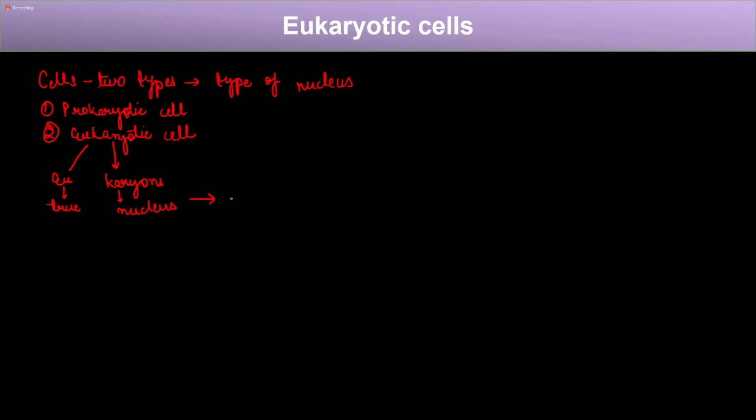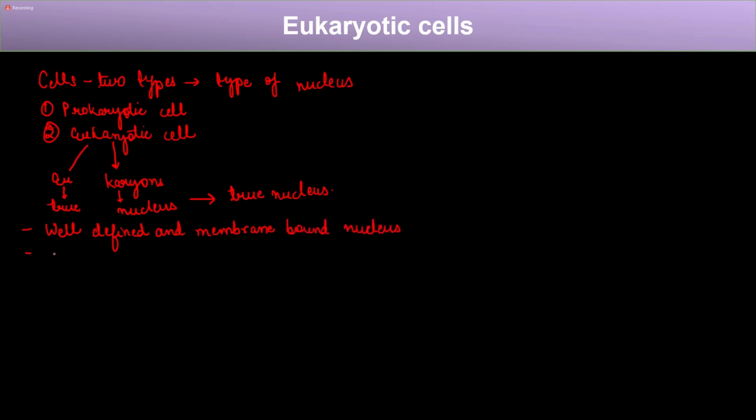It is a cell that has a true nucleus. What do we mean by a true nucleus? It means a eukaryotic cell has a well-defined and membrane-bound nucleus.